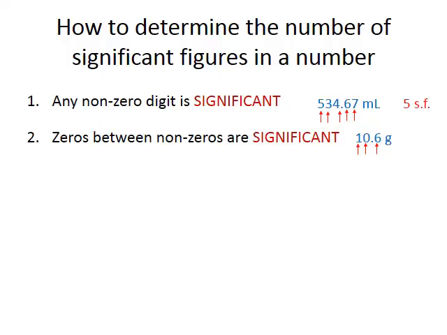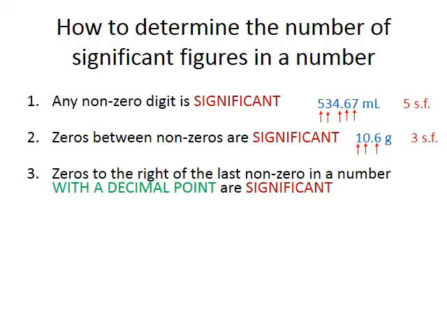That means all 3 of those digits, all 3 of those places are considered significant. And we say that we have 3 significant figures in this number. When we're counting significant figures, we always start with the first non-zero digit on the left, and we count all the digits that are considered measured after that.